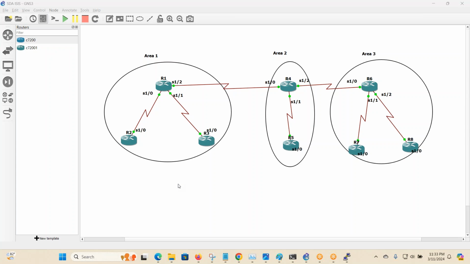Whatever the new technologies are, they are based on ISIS. We are routing different address families using ISIS because the ISIS LSP carries the prefixes in the form of type, length, and value. If you want to perform routing of some new addressing, you just have to define a new type and a length, and then it will be able to carry those values. So ISIS is more flexible than other protocols.